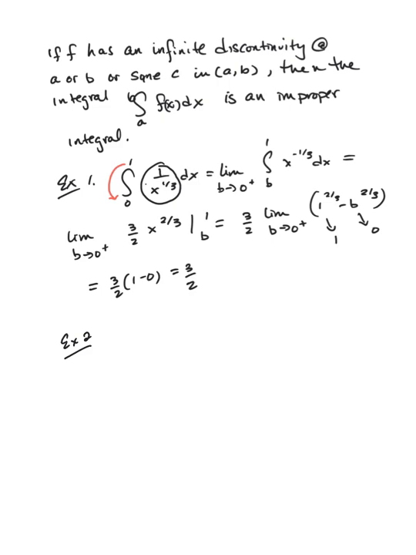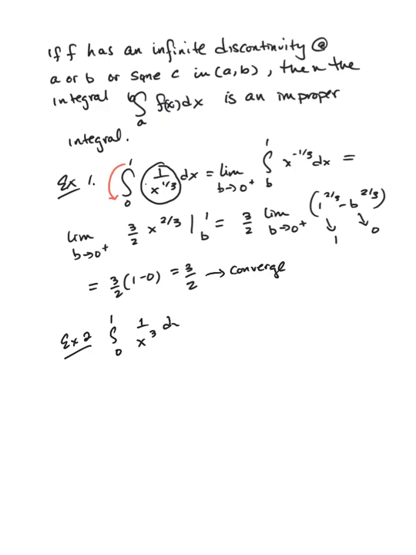All right, so we have the integral from 0 to 1 of 1 over x cubed. Remember, converge means that the area converges to a number. That is the area.